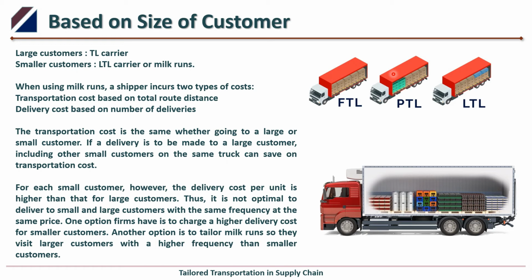And the most widely used is less than truckload, called LTL. When the orders are very small, in a single truck it is possible we are delivering the goods of almost 10 to 15 customers in one trip. So this is the prime difference between FTL, PTL and LTL. FTL is nothing but TL, that is truckload.